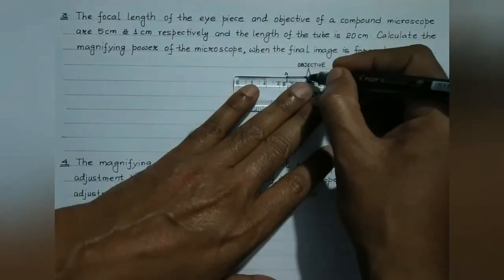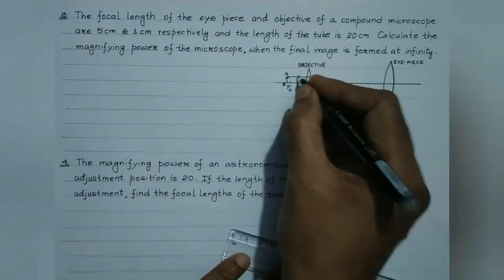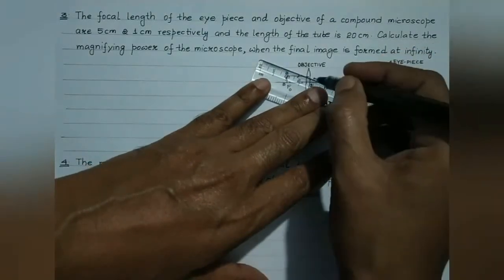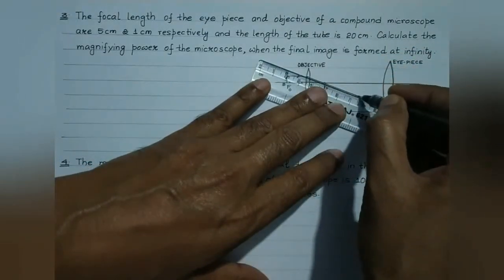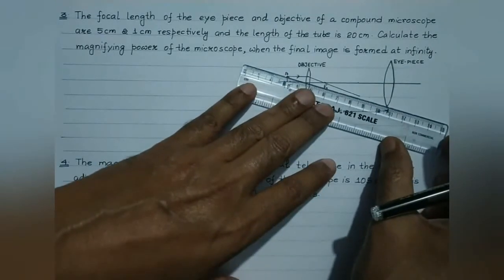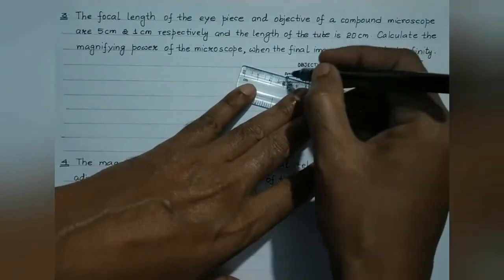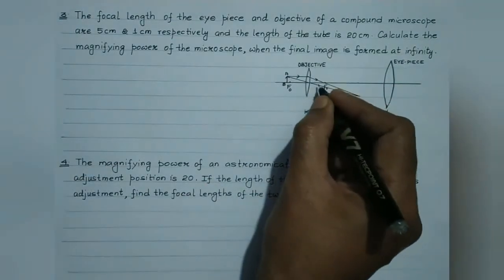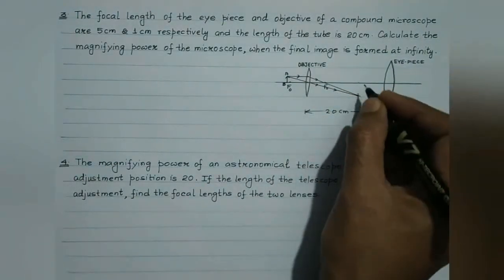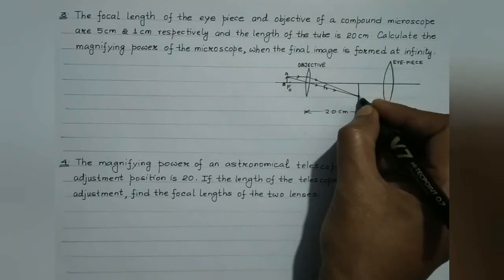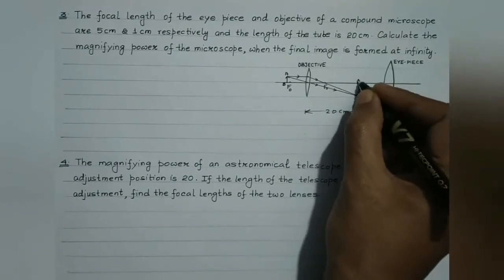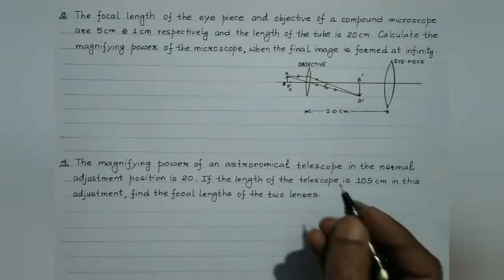A ray which is parallel to the principal axis, after refraction, will tend to pass through the focus, isn't it? Like this. And the incident ray passing through the optical center remains undeviated. So this is where the image will be formed. A real and inverted image will be formed. Let us consider this to be A dash, B dash.